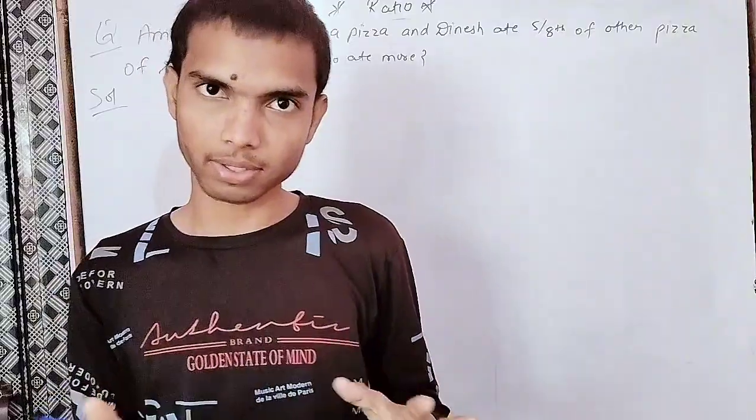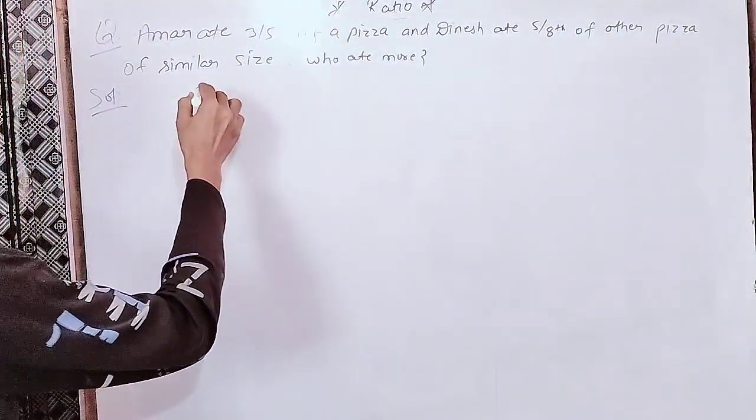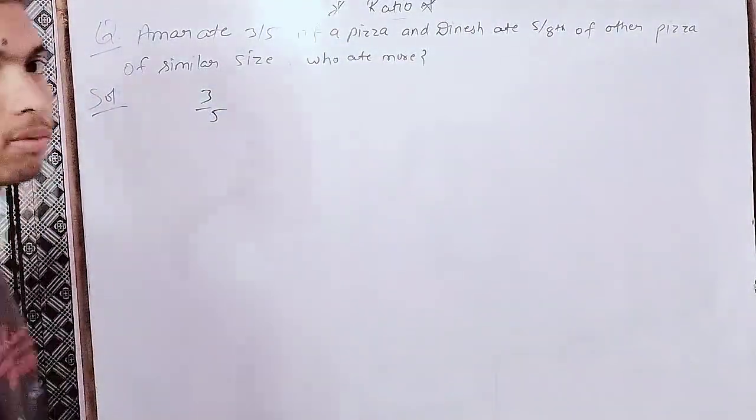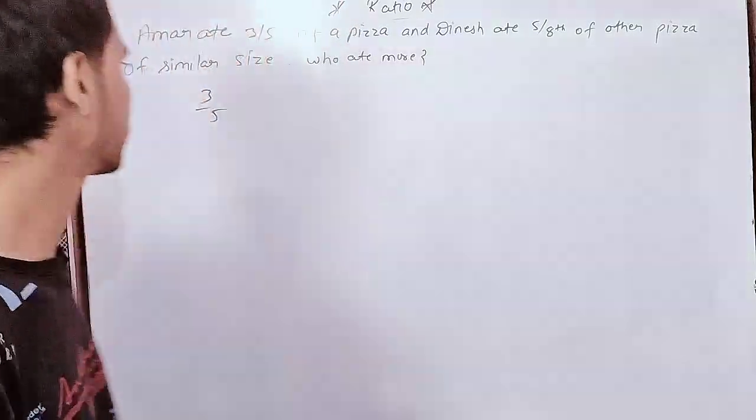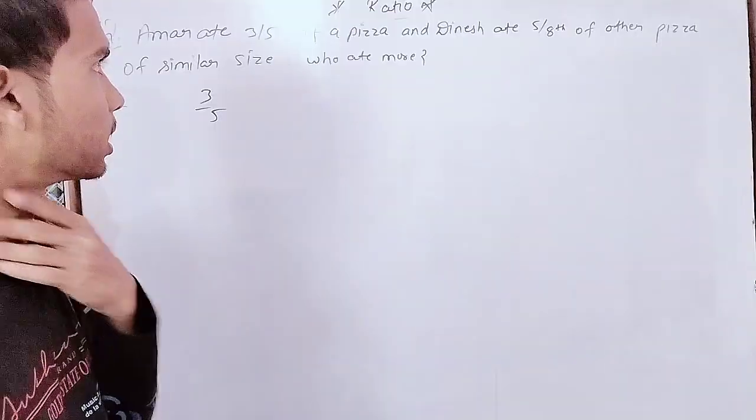This is 3 by 5, which is the part of a pizza eaten by Amar. Second is 5 by 8.